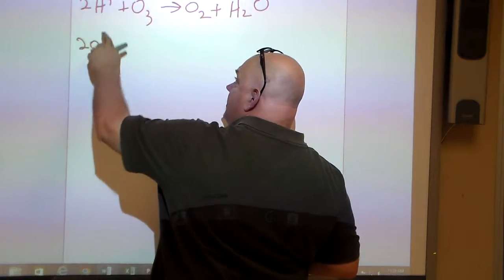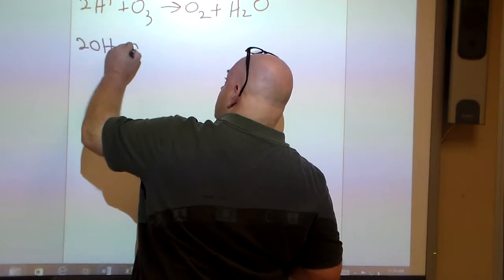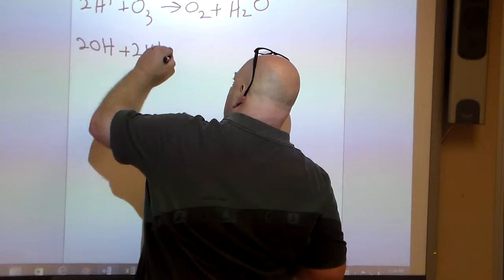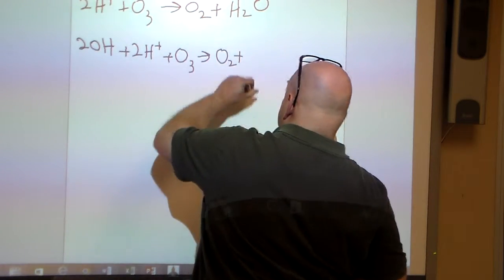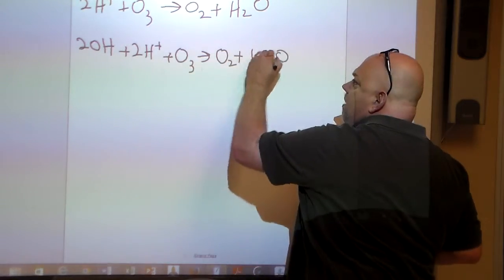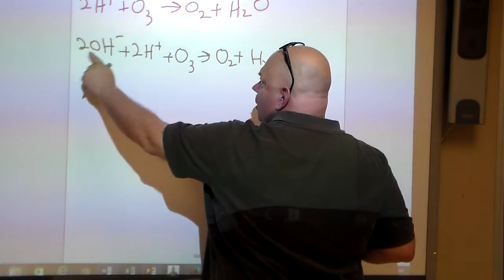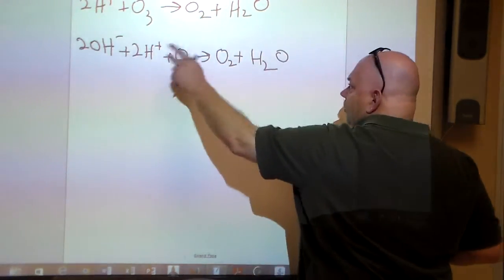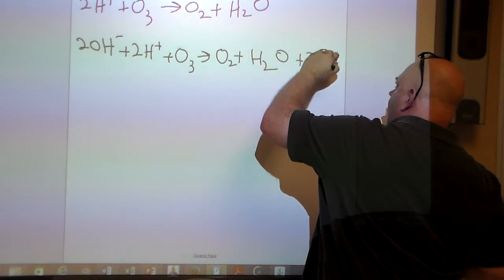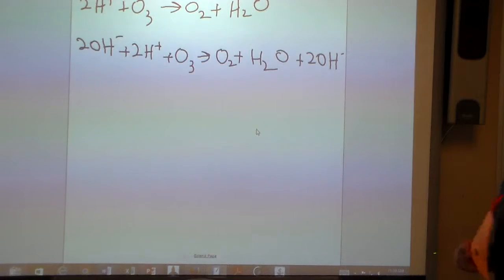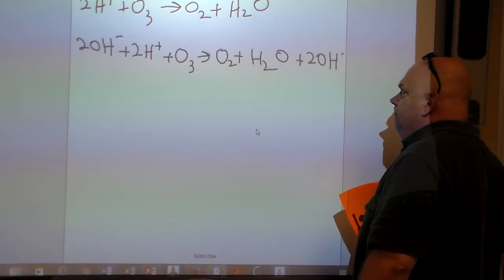Now remember, the idea is to balance out this plus 2H plus O3 gets us O2 plus H2O. And remember, what you do to one side of the equal sign, like in math, we got to do over here as well. Okay? So that's what we have here.